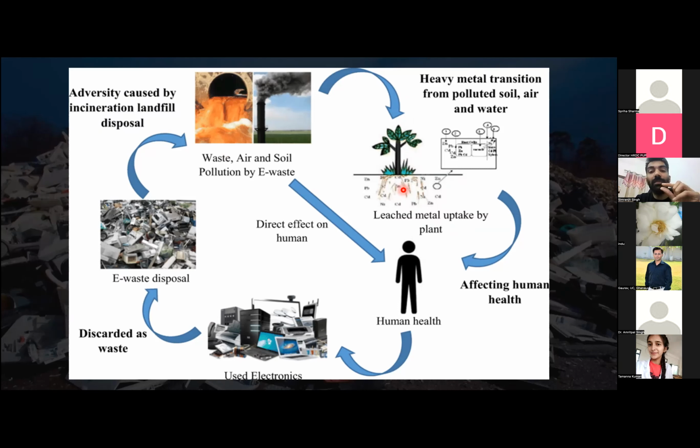That is the fact of the matter. Now this comes into the plants, it again comes back to you. Into the air, it again comes back to you. So don't think that only the workers working in those factories or informally working to treat e-waste are the ones getting affected. Indirectly, all this e-waste is coming back to you.